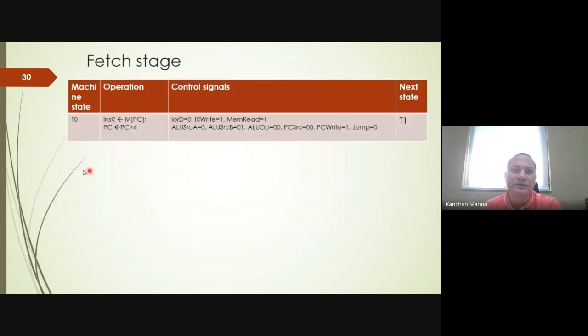Now this is for the fetch stage. In the fetch stage, we are loading the instruction into the IR register, the instruction register, and then incrementing the PC by 4.